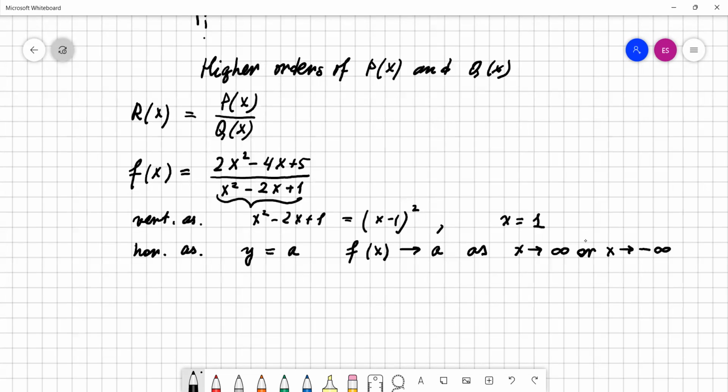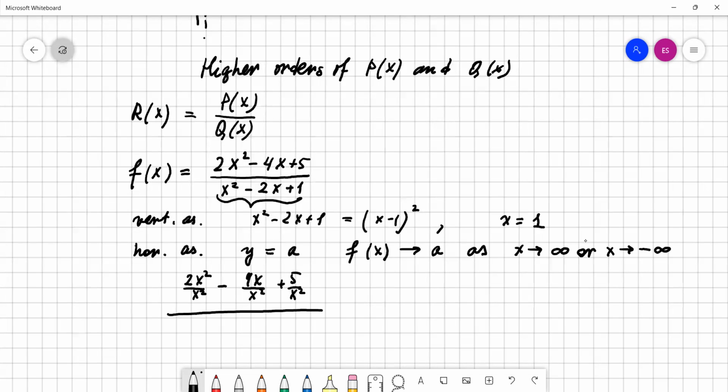What I'm going to do, guys, please watch how I do this. I'm going to divide numerator and denominator by x squared. So I'm going to write down 2x squared over x squared minus 4x over x squared plus 5 over x squared.